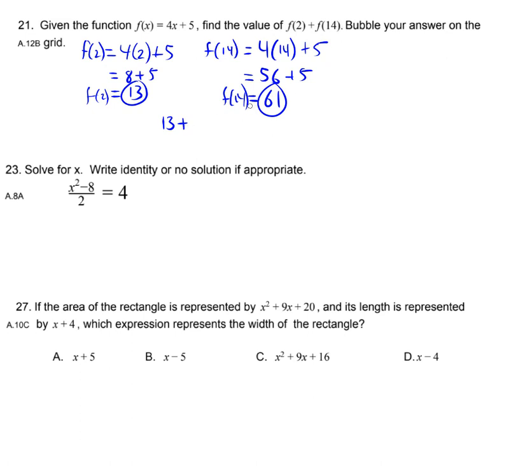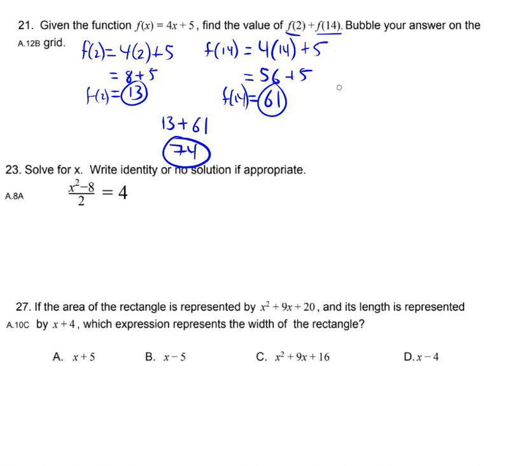Plus 61. I'm just looking at f of 2 plus f of 14, so I'm adding those two together, and I just substituted it. 13 plus 61 is equal to 74. So my final answer is 74.